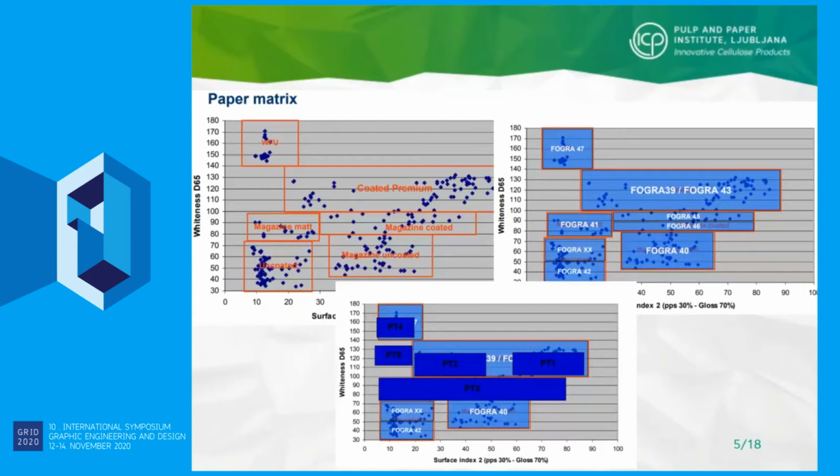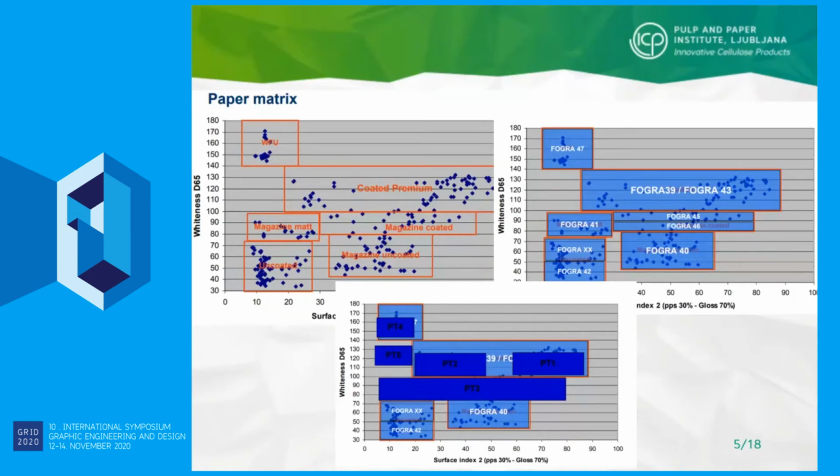As you see, they created something called the surface index, which is the interaction of paper surface roughness and the paper gloss value. And on the x-axis is the whiteness as an optical result of the interaction of surface roughness and gloss.